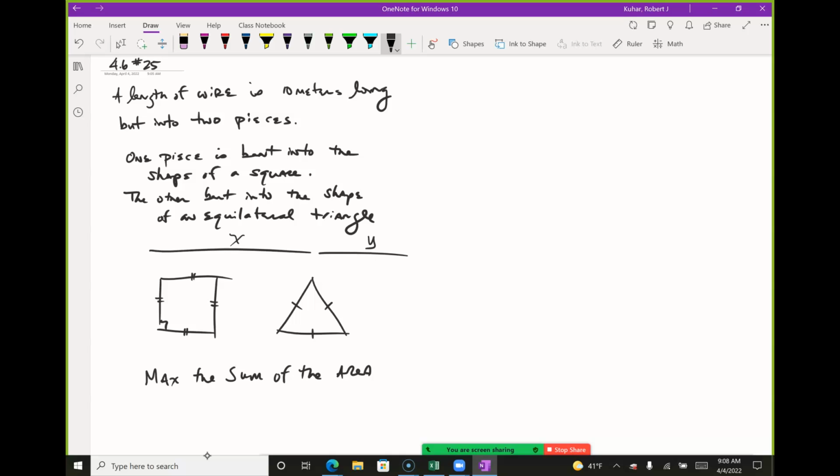So, using our checklist, and this is one that I would give you, the area of an equilateral triangle, right?